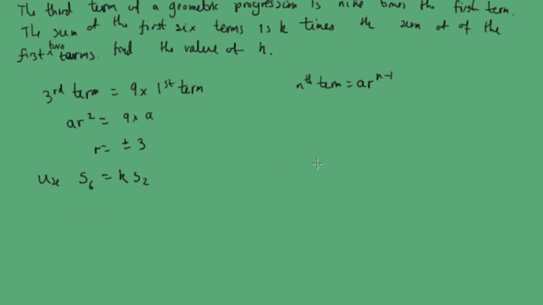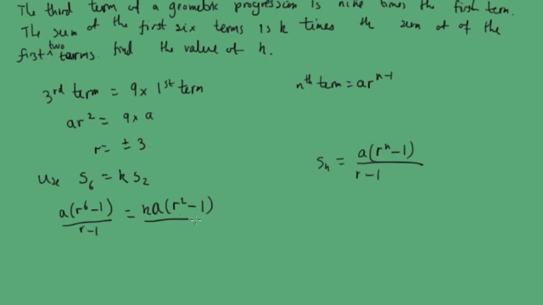Now we know the general rule for Sn is A r to the n minus 1 over r minus 1. So for this, A r to the 6 minus 1 over r minus 1 is equal to k times A r squared minus 1 over r minus 1.